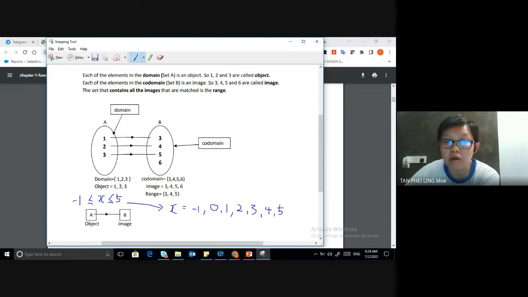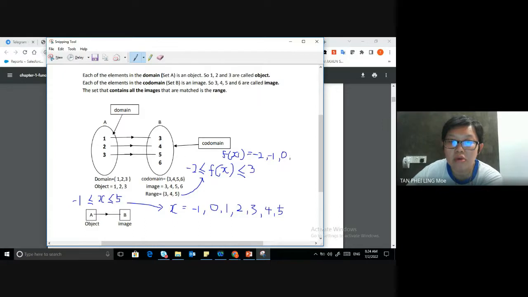Whereas for the codomain or range, we rather say the range, we always say that it will be f(x). Usually the question will tell you that they want the range from, let's say, -2 to 3. In that case, they are interested in your f(x) being -2, -1, 0, 1, 2, and 3.